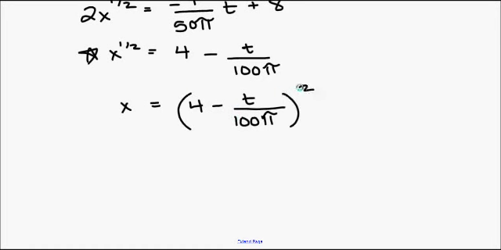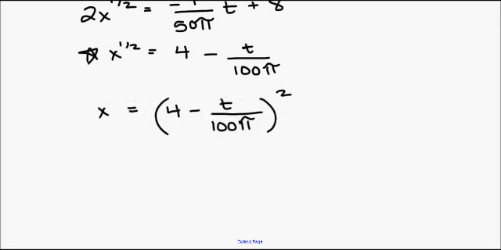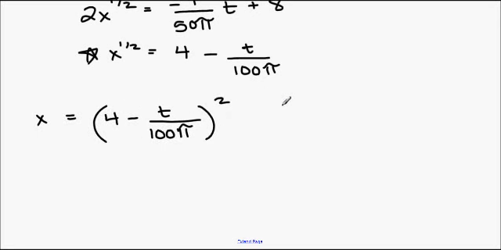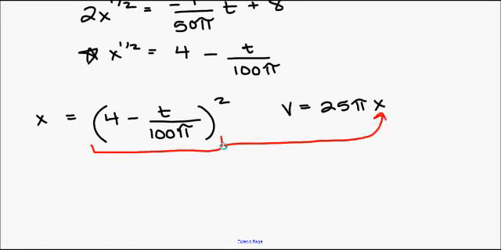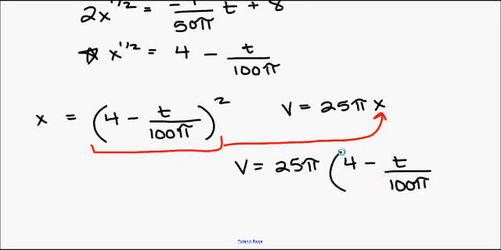So squaring both sides, and we need our volume formula from before. Since this is what x is, I'm going to plug that in right now. So really volume is 25 pi times (4 minus t over 100 pi) quantity squared.